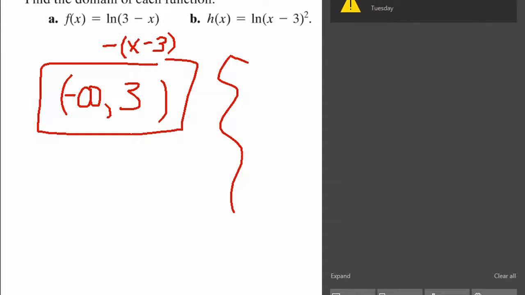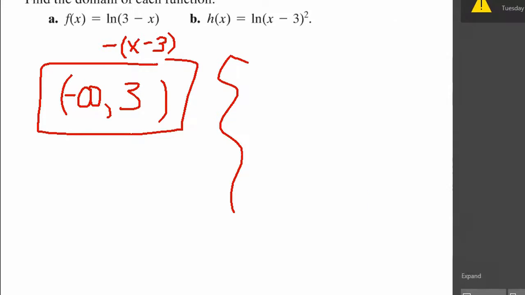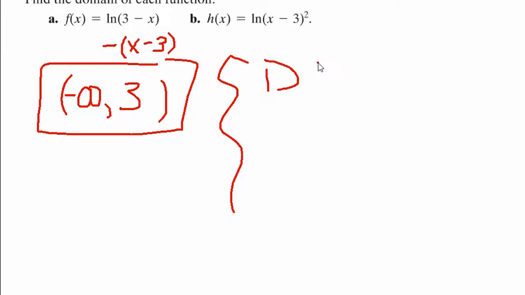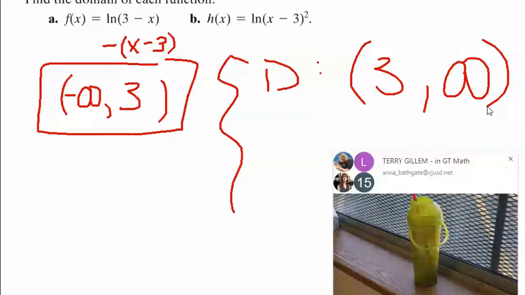All it's doing to the domain, the domain is starting at 3 and going to infinity. It's still starting at 3 and going to infinity. The square does not affect the domain. It does affect the shape, but it doesn't change the domain.